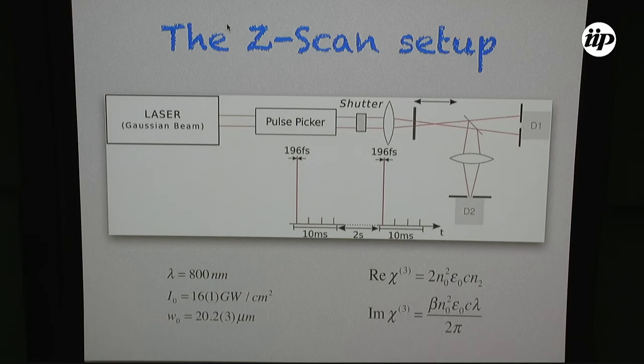When the hole is there, the beam passes. When it's not there, the beam is stopped. With this, you can have pulses of about 20, 30 milliseconds. You cannot do this type of experiment with a continuous laser beam for electronic effects, because the time scale will be just milliseconds, and we need femtoseconds. So the important point here is the pulsed laser.